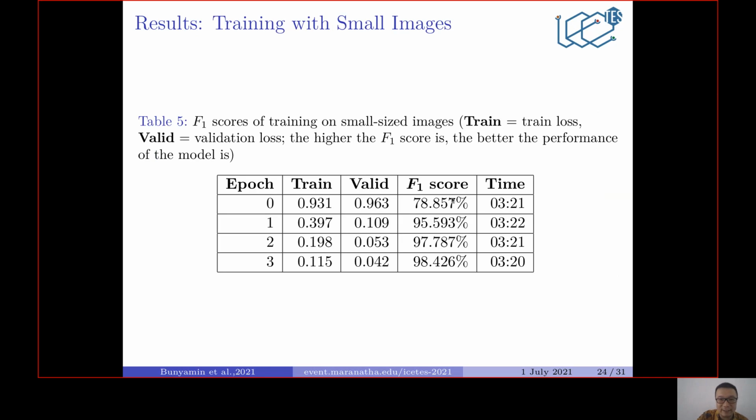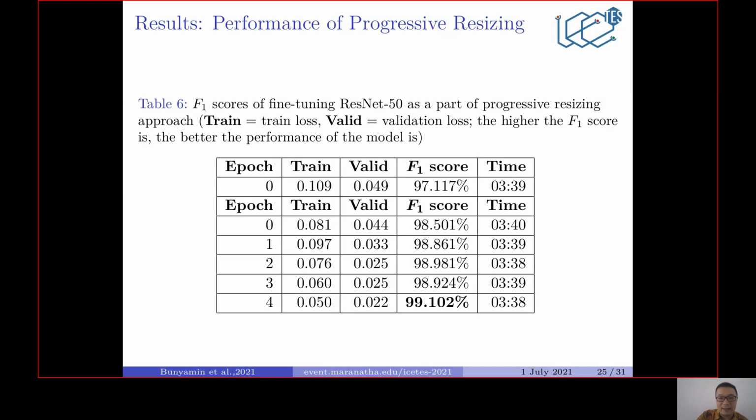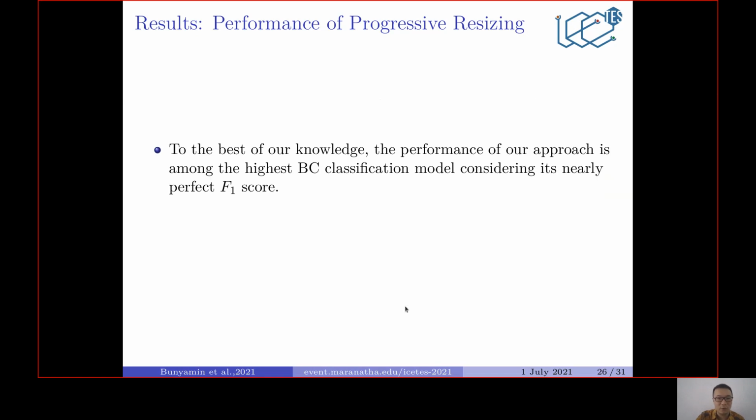This is the result when we train with the small images, quite high, comparable with the resizing trick baseline before. And then we run again with the large images, and we get a nearly perfect F1 score. To the best of our knowledge, this performance is among the highest.